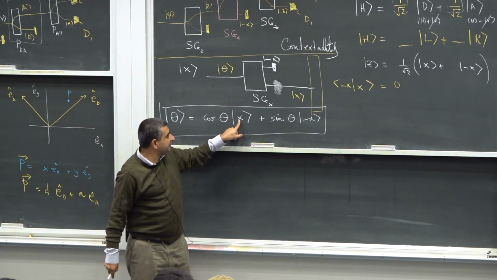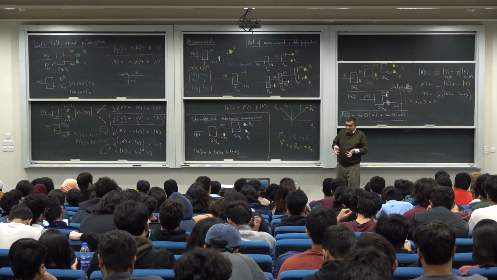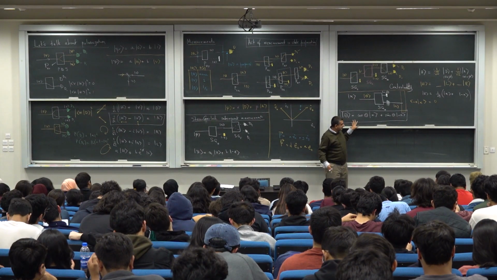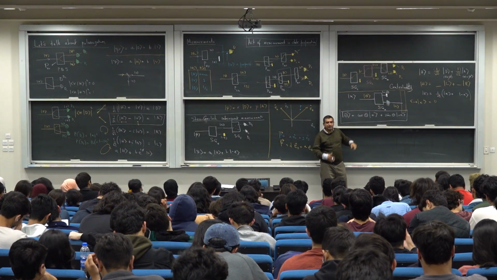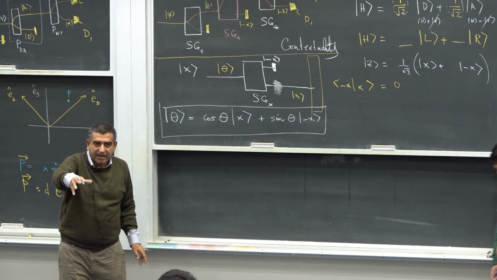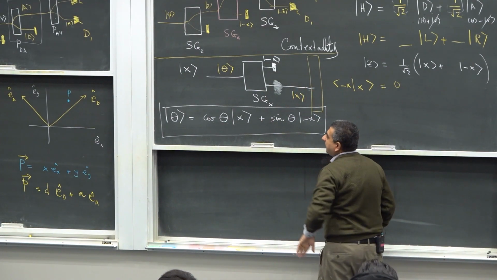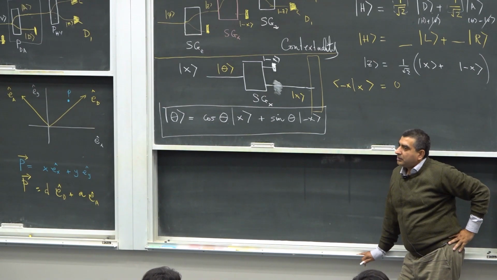So these two quantum states, ket x and ket minus x, are indeed a basis for the spin degree of freedom. And this is how I have defined ket theta. This is a normalized quantum state. So if I were to input this quantum state into this oriented Stern-Gerlach apparatus, what's the probability that a detector here is going to fire? Cos square theta.